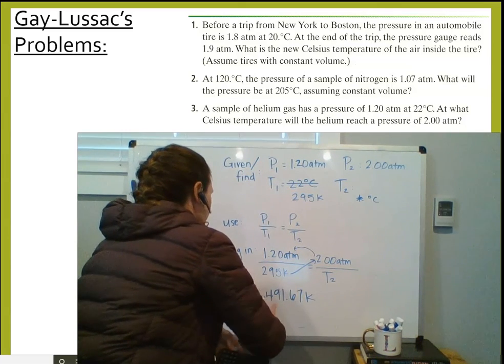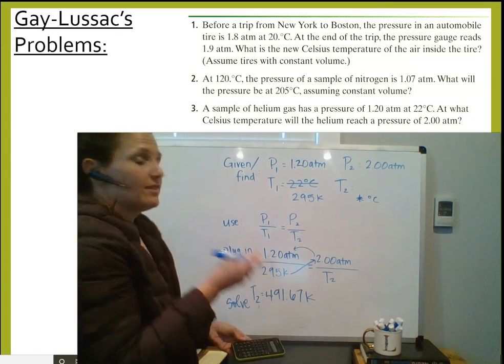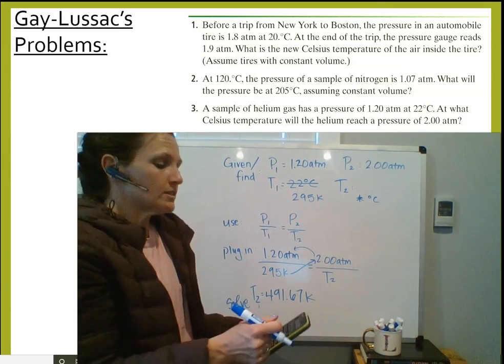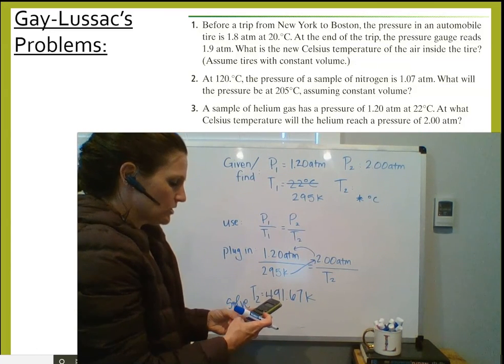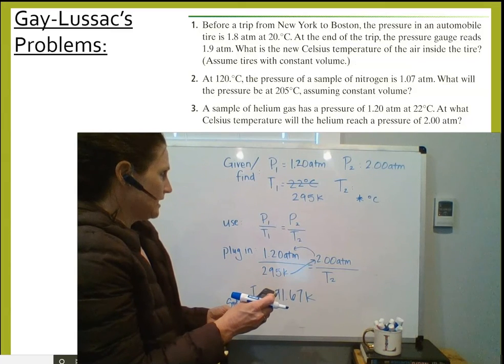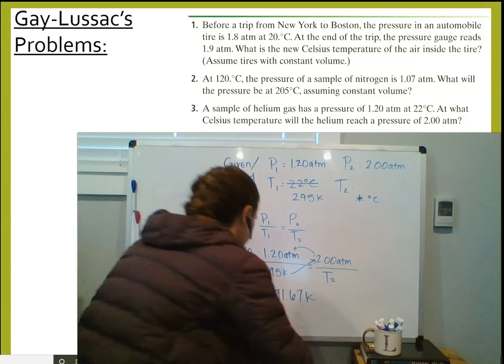And so remember that at this point, it's really important to recall that this is not the answer to type into your Google Sheet. We need degrees Celsius. So we subtract 273, and I end up with 218.67.